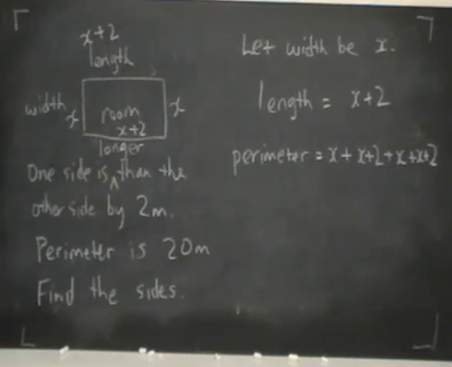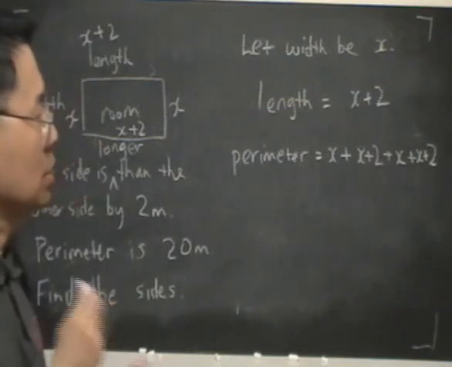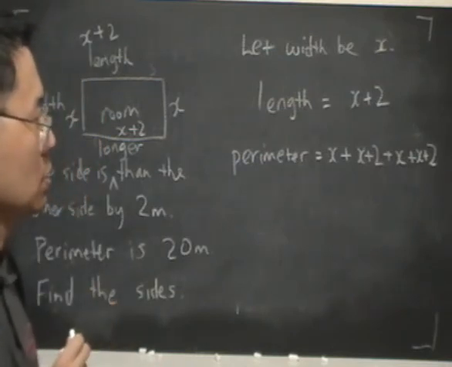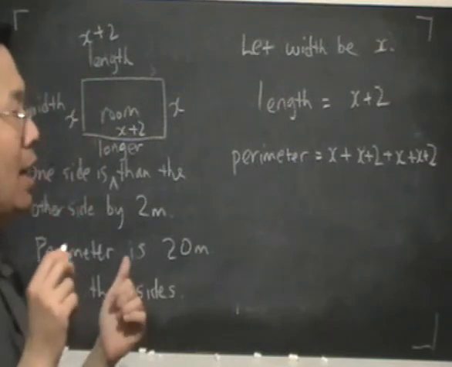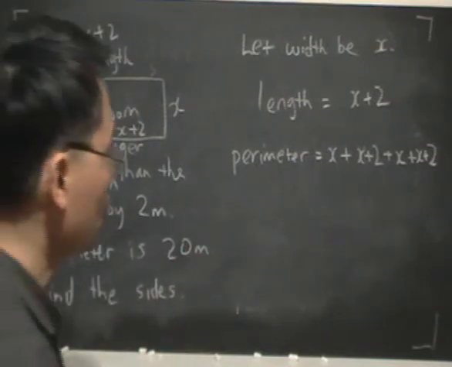So we have written the perimeter in terms of x, and we can simplify this first before moving on.